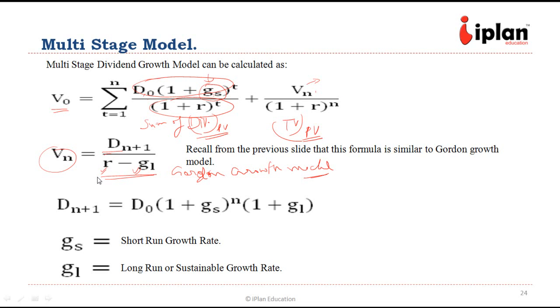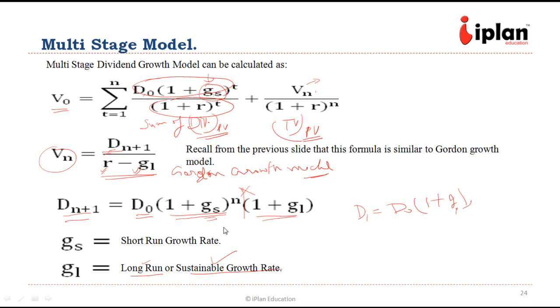Dn plus 1 is the dividend in the next year from the point from which it is going to have a constant rate, and this dividend can be calculated as D naught into (1 plus Gs) to the power N. This is the dividend before that period, growing at the short run growth rate. Then next year's dividend is calculated by multiplying it with the long run or sustainable growth rate. So here this G is G1, which is the long run or sustainable growth rate.